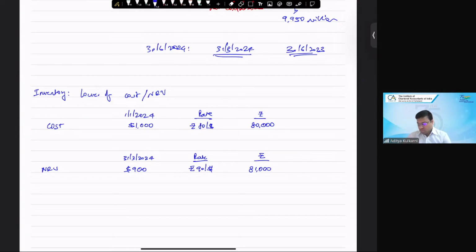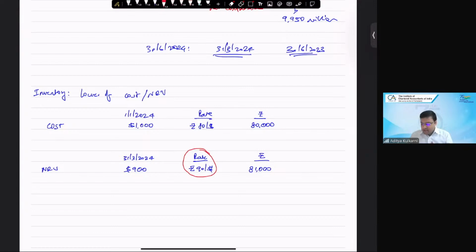Why did I take the closing rate? Sir, we are seeing this principle: NRV at the closing rate of the balance sheet. Is it because inventory is a monetary item, or is it because I have determined NRV at the reporting date? Non-monetary, just for conversion purpose, sir, not valuation purpose.